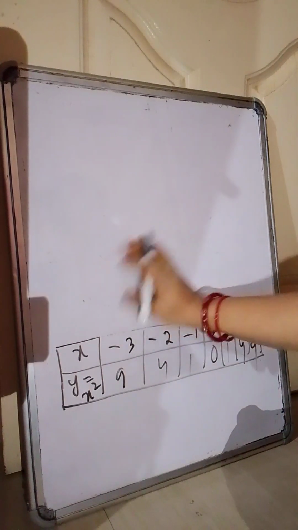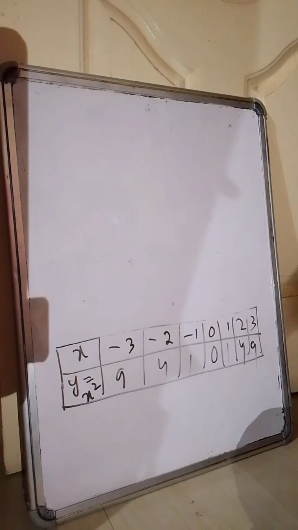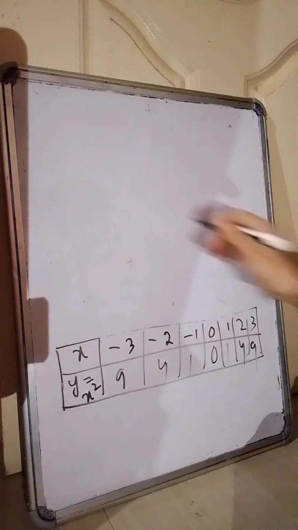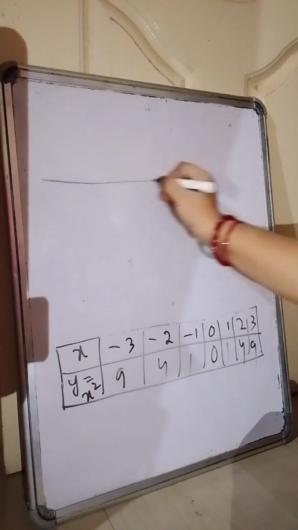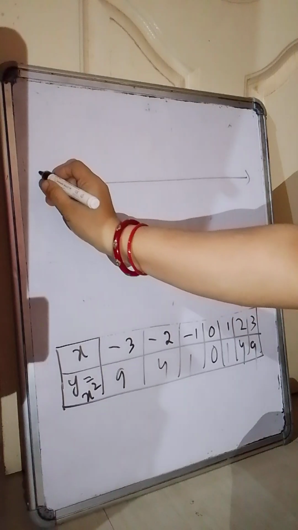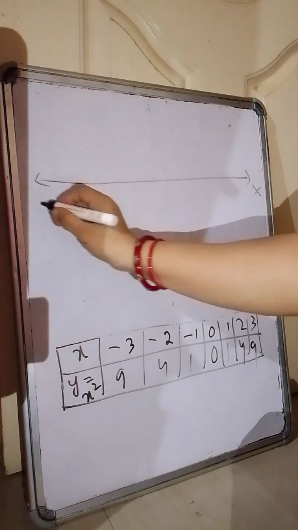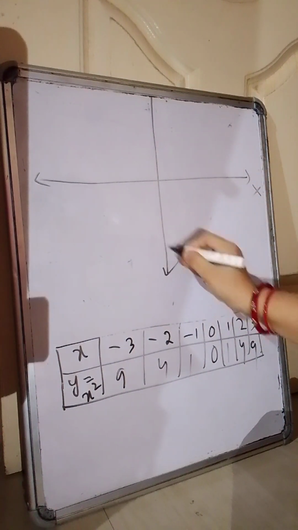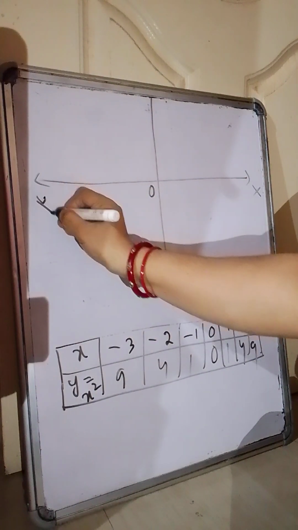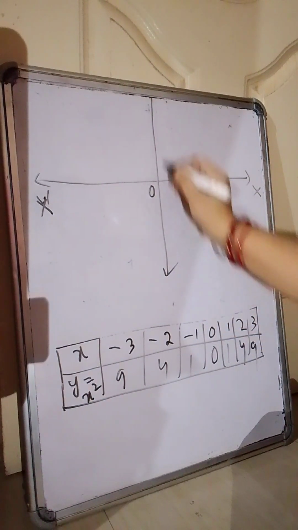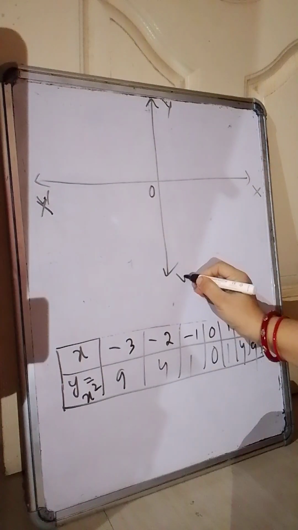For these x and y values, you have to consider two axes, x axis and y axis, that is a Cartesian coordinate system. Considering the x axis, this is X O X dash, this is Y O Y dash.